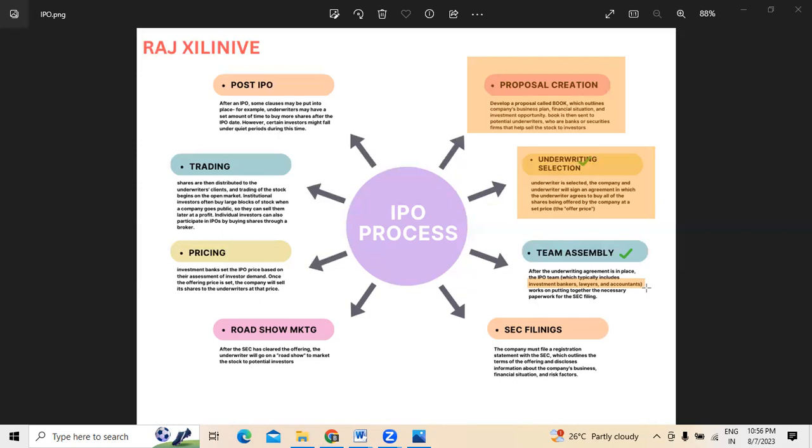whatever is required. For that they have to make an SEC filing.